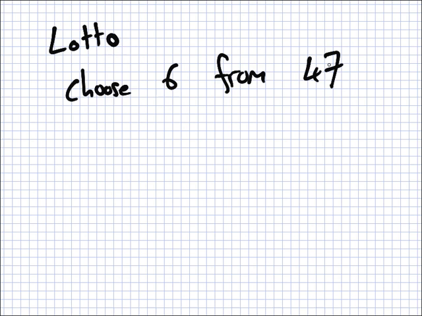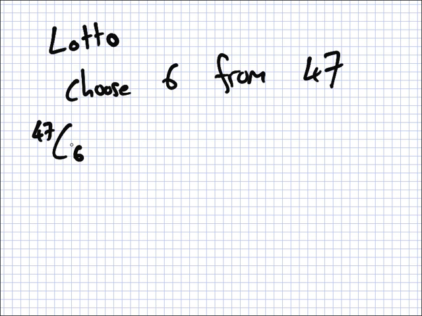Obviously you can't choose the same number, and obviously the order doesn't matter. Okay? So using your calculator, tell me how many possible different lotto tickets there are. Should be pretty big. 47 choose 6.